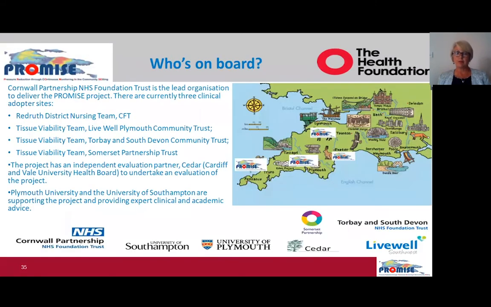We've got 4 teams. One is a community team in Cornwall, because we want to see whether this is something that a generalist can take part in and lead, or whether the other 3 teams are tissue viability teams. We've also had an independent evaluator and been liaising and collaborating with Plymouth University and Southampton University.